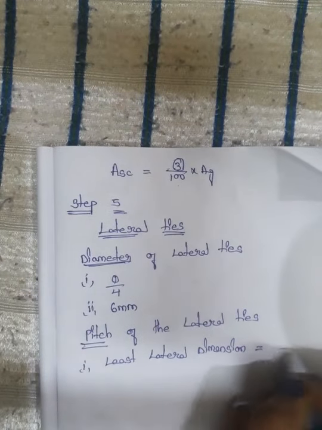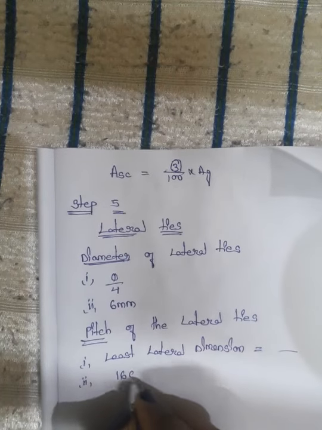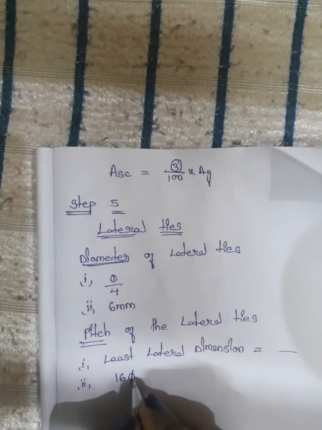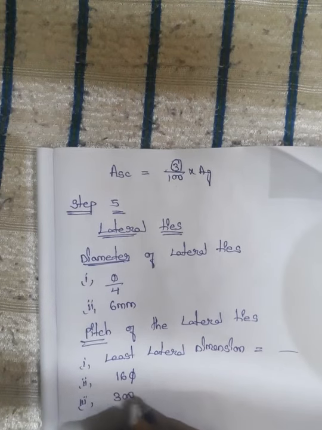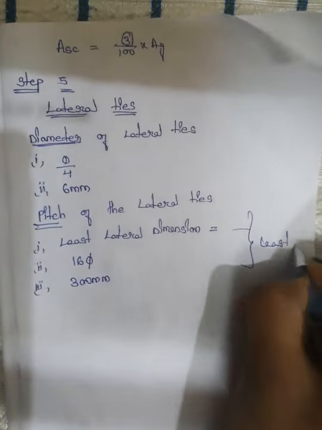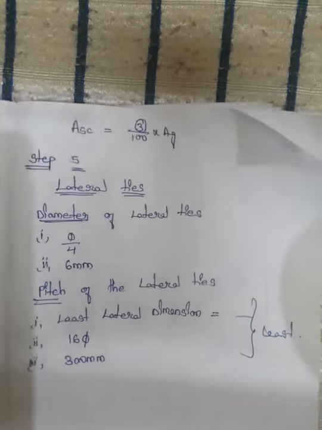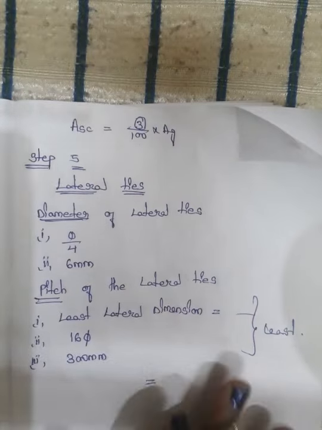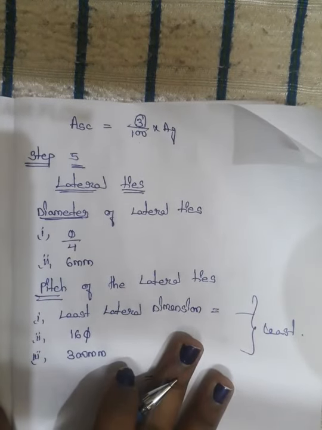The second one is 16 times the diameter, where the diameter is the longitudinal bar diameter. And the third one is 300 mm. Whichever is least among these, you need to take that value as the pitch of the lateral tie. So like this, we need to solve the problem of the uniaxially loaded compression member.